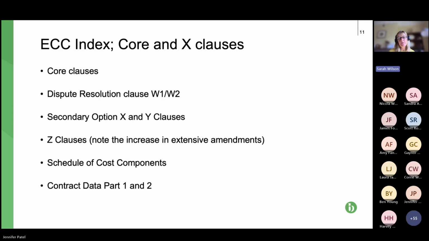Second bullet point down, we have the dispute resolution clauses, W1 and W2. So that will be found towards the back of the NEC form of contract. We've got W1 and W2 because this is an international contract. It's not just designed for UK. W1 is for projects abroad and projects that do not come within the ambit of the Housing Grants Act.